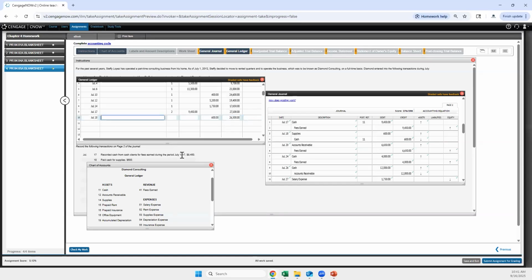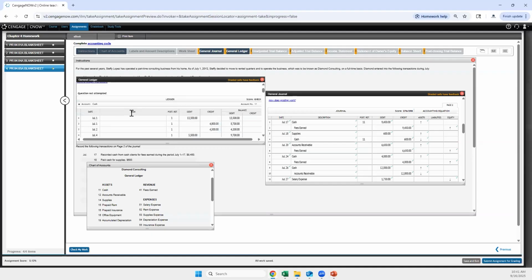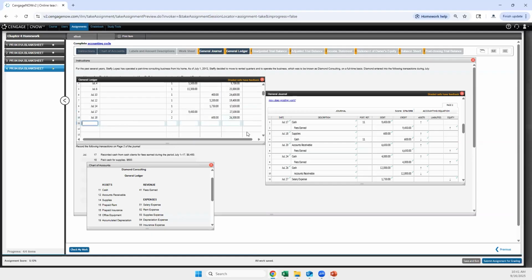July 18th, posting ref 2. Okay. And then on the 24th, we have 4,000 as a debit. And then also 12,000 as a debit on the 26th.